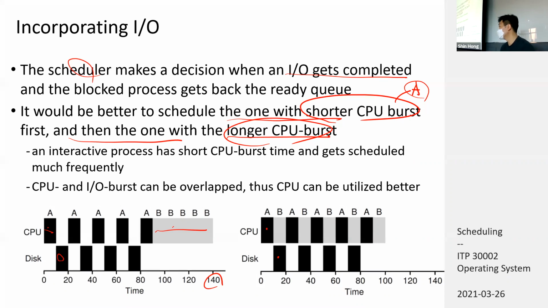We overlap B's execution so that B makes progress by using the CPU. Then when A comes back as the I/O is completed from the disk device, A takes over the CPU, and when A goes back to I/O, B takes over the CPU again, so that their execution can be overlapped. In such an arrangement, we can achieve a total turnaround time of 100, which provides better performance overall.